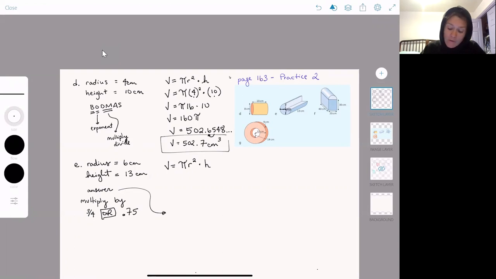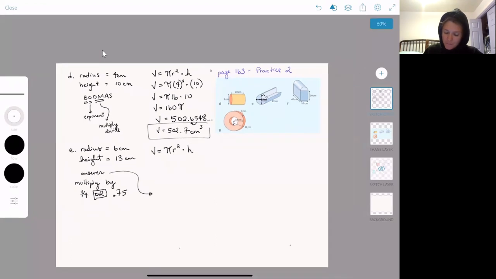And we only have 3 of the 4 sections, so 3/4, all right? See if you can figure out the rest of that one on your own.